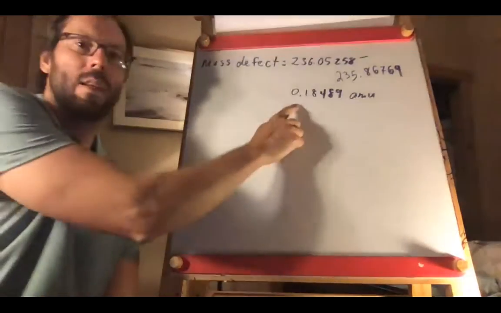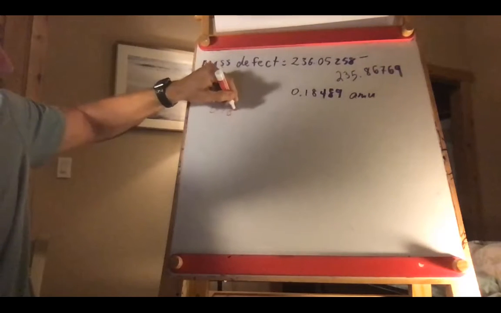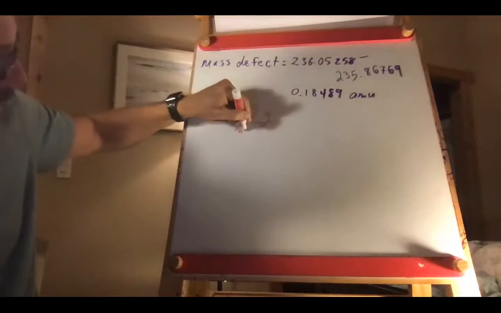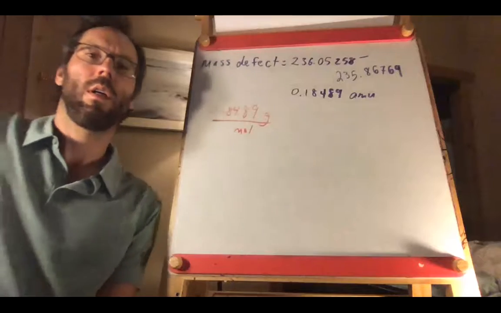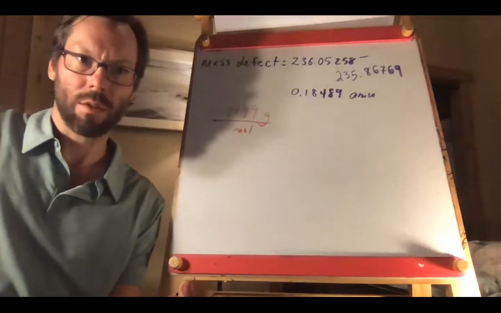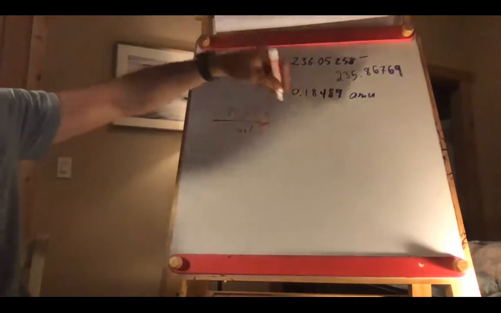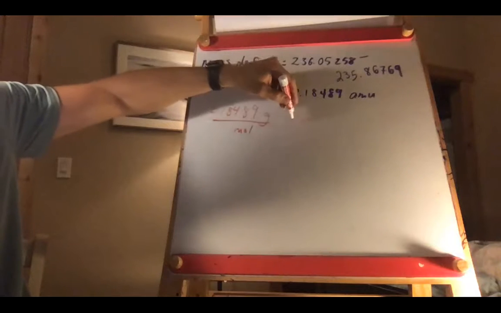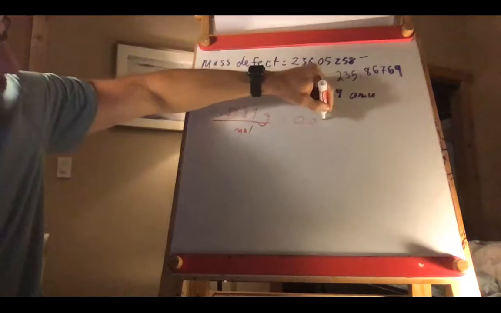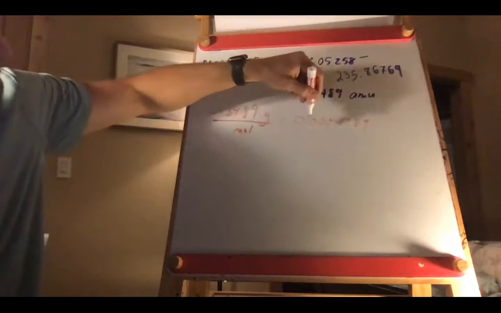If we were to just take this number and say that equals 0.18489 grams per mole, then all we need to do is convert that to kilograms, okay? And so if we convert that to kilograms, that would be 0.000184889, right?